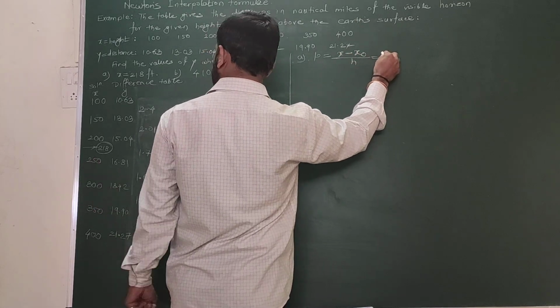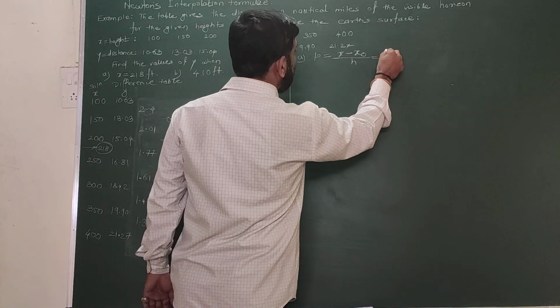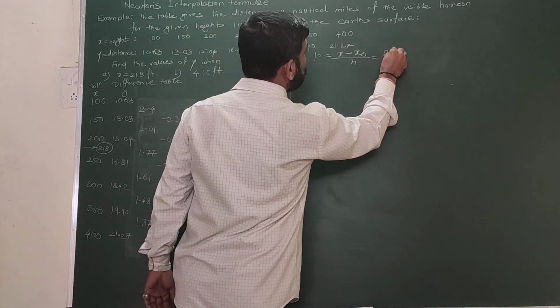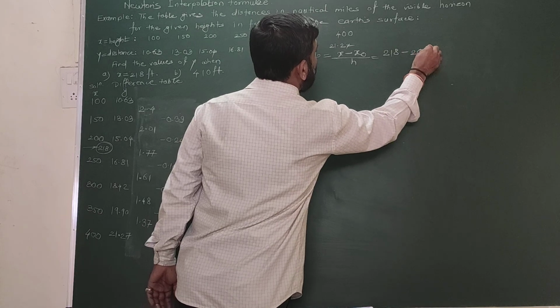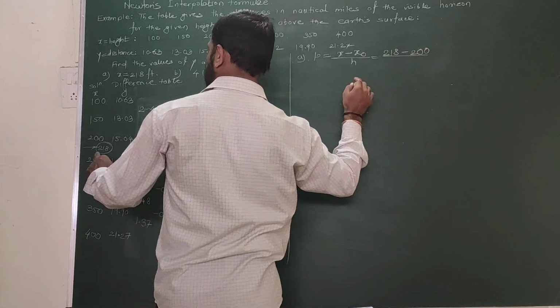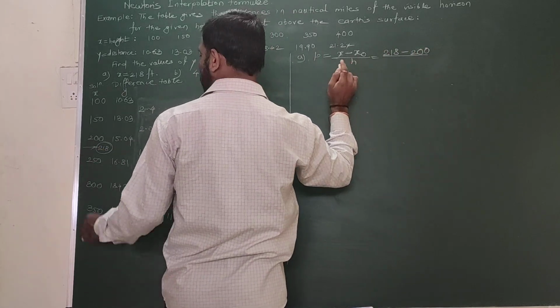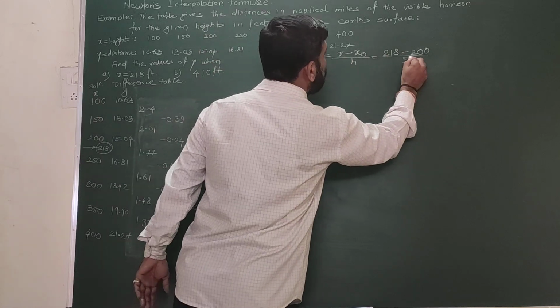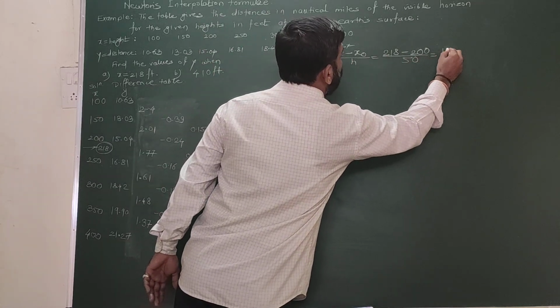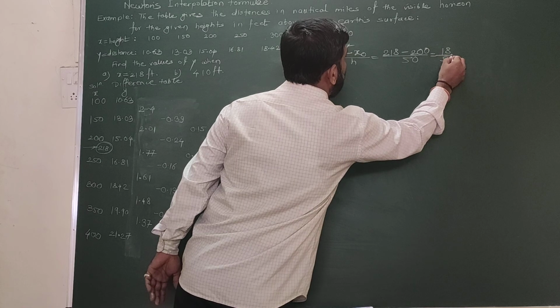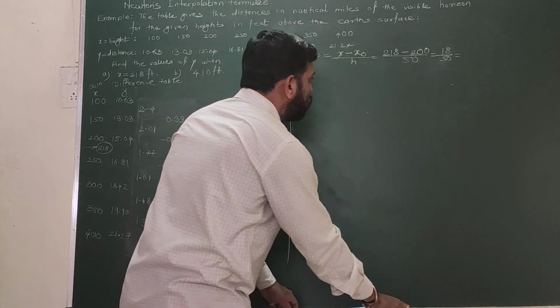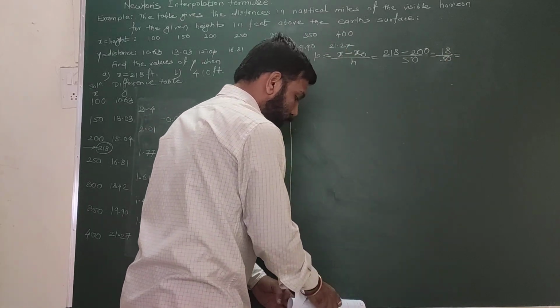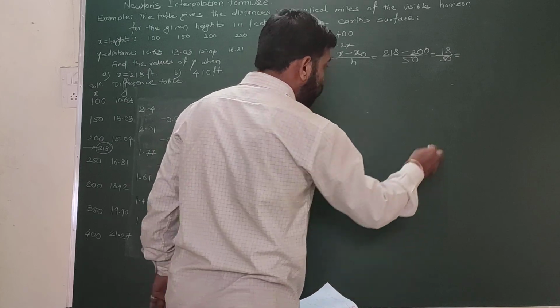Value of x is 218, minus x0, the previous number of this expression, 200, divided by h. The difference is 50. Output is 18 divided by 50, which is equal to 0.36.